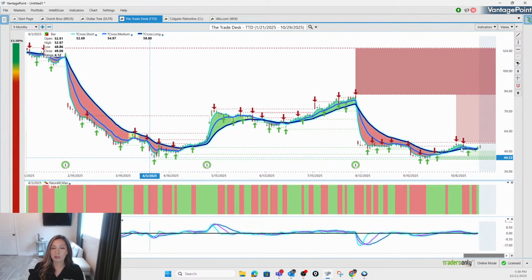So again, confirmation that we do have potential strength enough to possibly push us through these resistance levels as well. So at that resistance, if we're able to break through, again, we have room for expansion here, right? There's significant growth potential as well. All right.